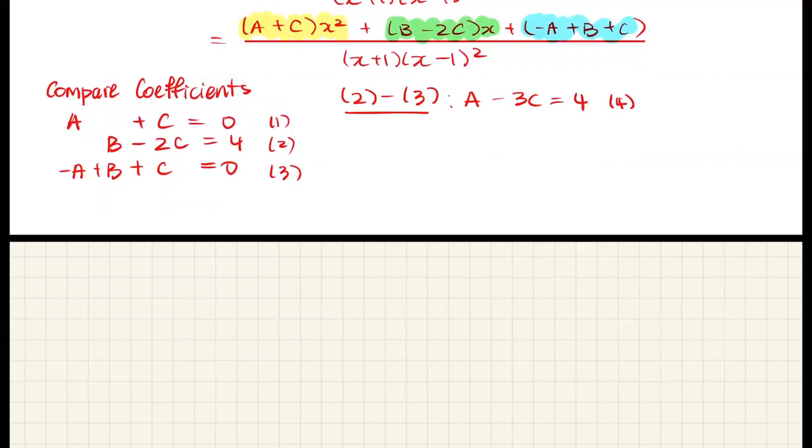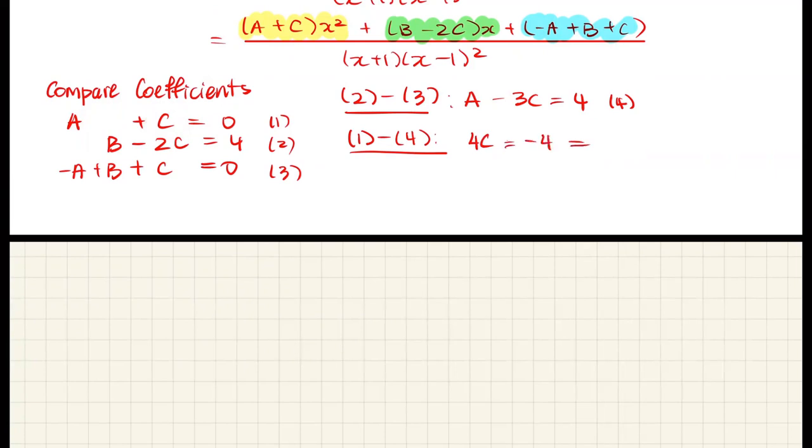So now we're going to do equation 1 subtract equation 4. We see that the a's are going to cancel out with each other, and we would just have c minus negative 3c, which is then going to be 4c, which is going to equal negative 4.